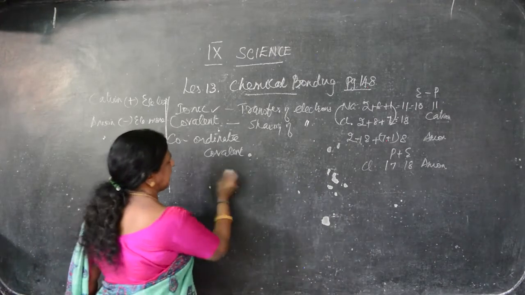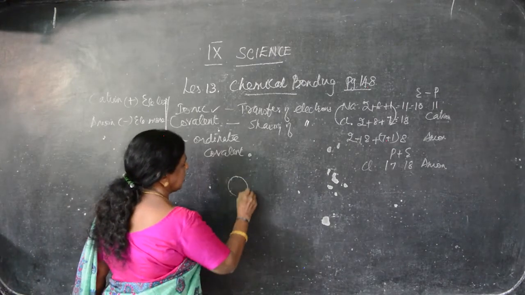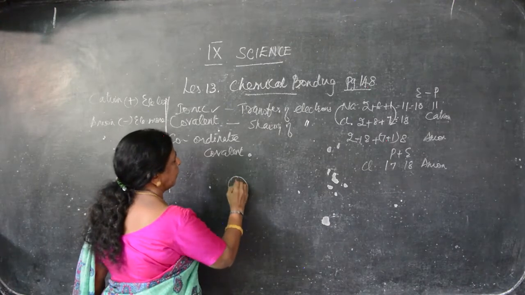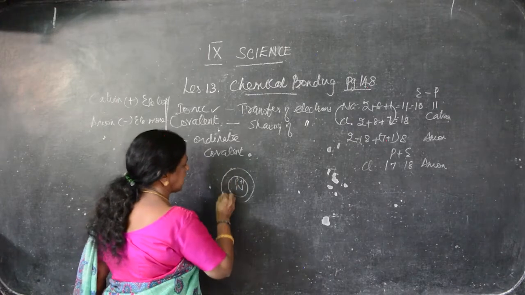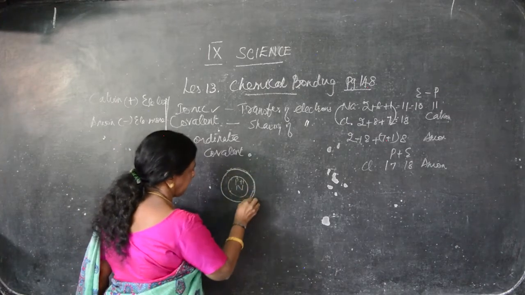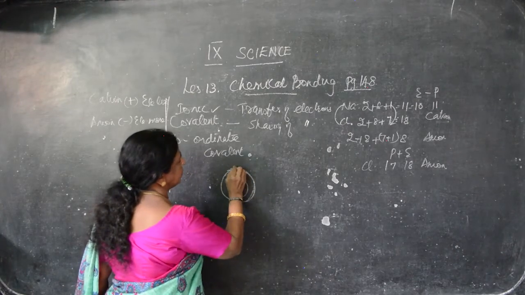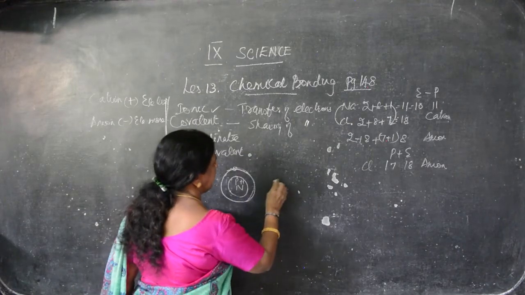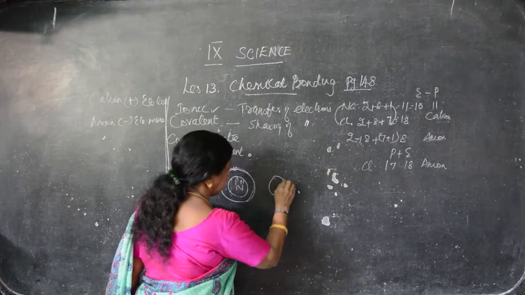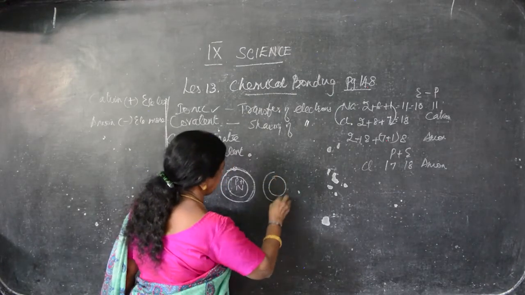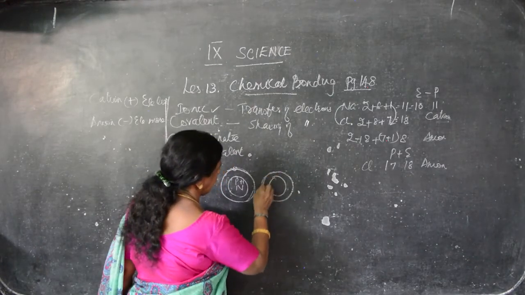This is the nucleus, only one proton, and one electron. This is one hydrogen atom, and the other one is another hydrogen atom.